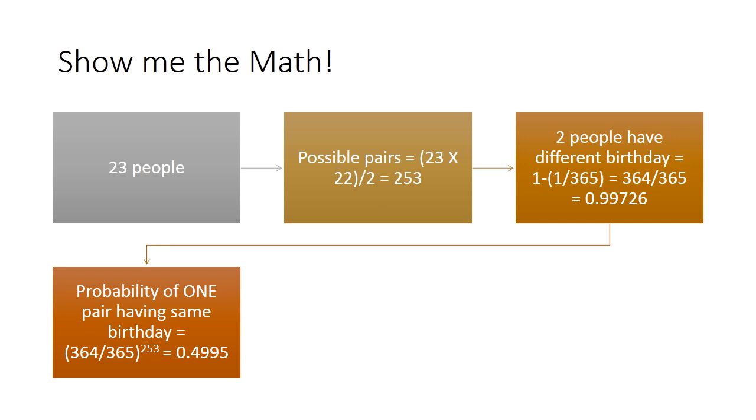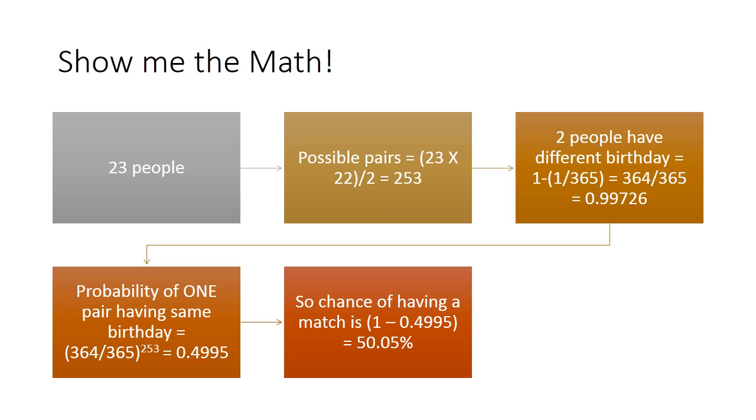The probability of one pair having the same birthday, however, is 364 divided by 365 to the exponential power of 253 because of the permutations, combinations, and the probability mathematics. That makes it possible that the probability of having one pair having the same birthday is 49.95%.